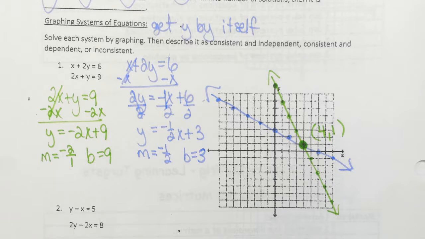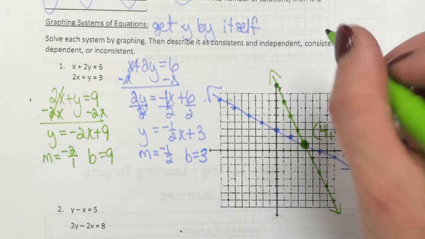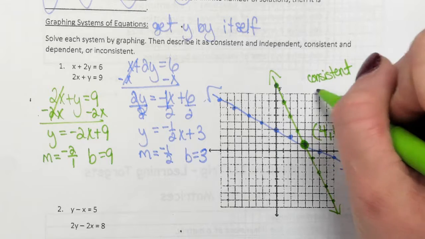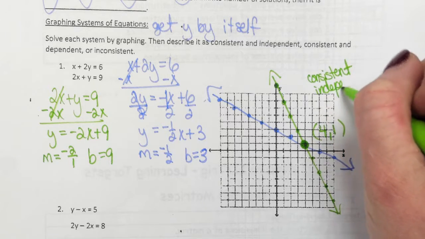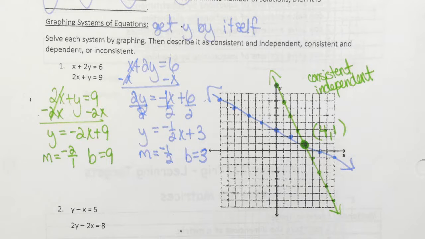But what do we call that, guy? Look back at your cheat sheet. Consistent and independent. Very good. All right, let's move on to number 2. Y'all try number 2. Solve both of those for y, and then graph it.